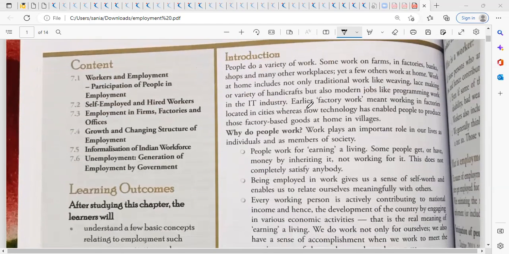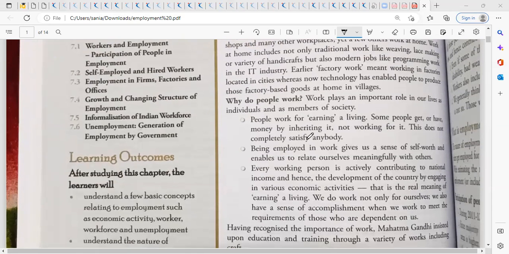So first of all, the question is, why do people work? People work first of all to earn a living. For example, I want to live a good life, so of course I have to work. Second, when you work, that gives you a self-worth, that there is a value for you because you are contributing somewhere.